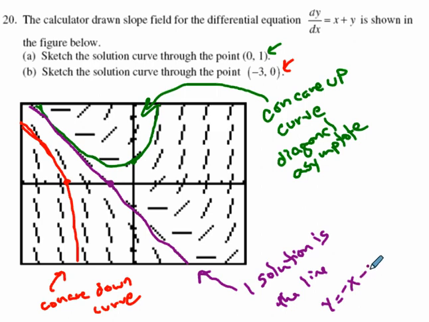So it's the line y equals -x - 1. This particular differential equation gets some solutions that are concave up, some solutions that are concave down, and one solution that is linear.